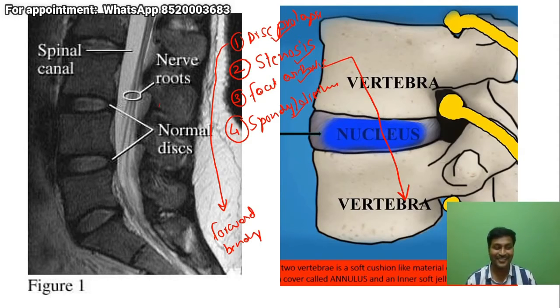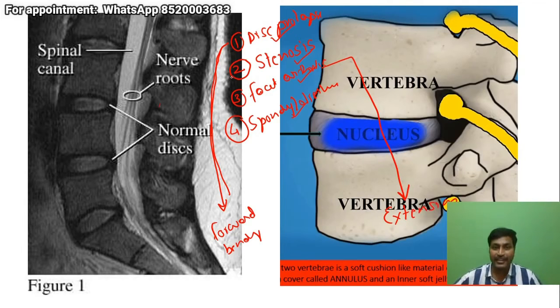So when you are answering, type disc prolapse, flexion. Yeah. So in disc prolapse, the pain is more in forward bending. In facet arthritis, the pain is more in backward extension.